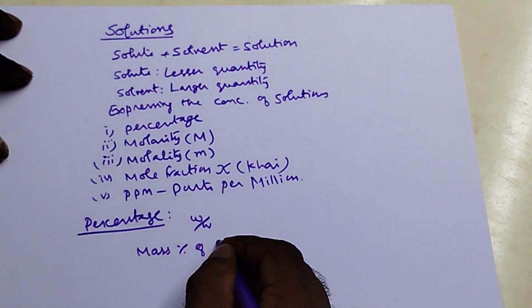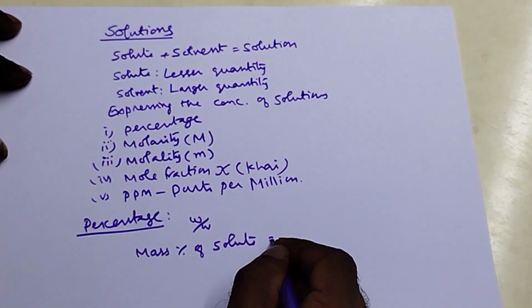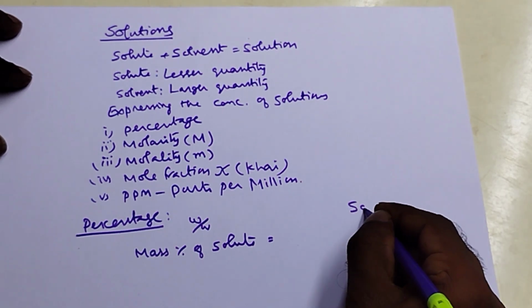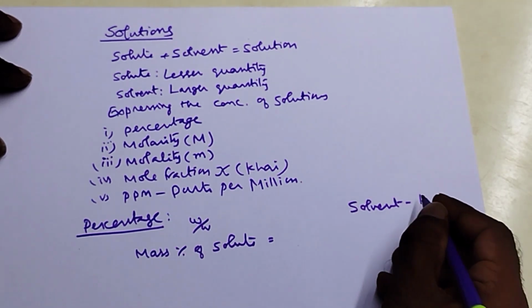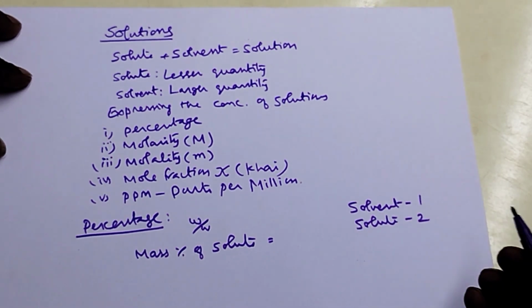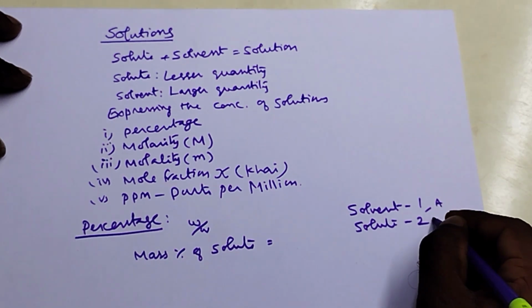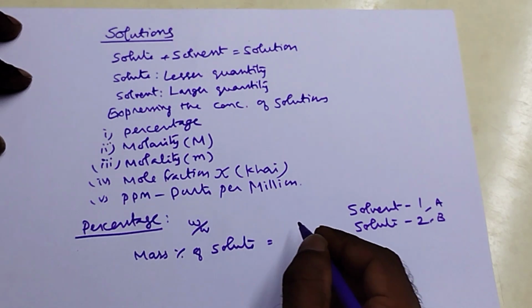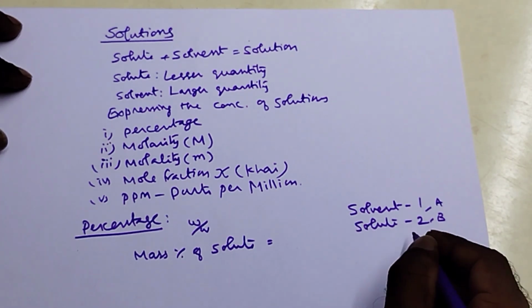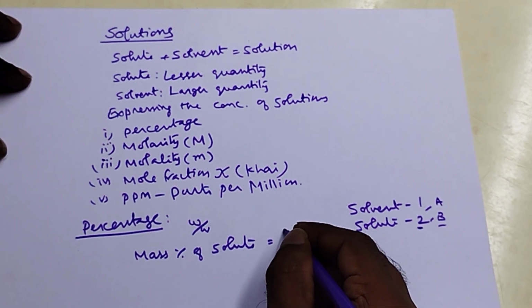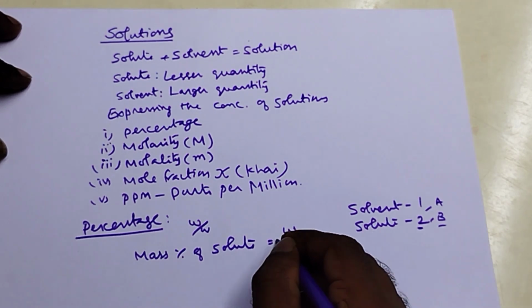Here, for solvent we can use the subscript 1 and for solute the subscript 2, or sometimes you can use A or B. We can fix any one. So, for the mass of solute we use the letter W2.